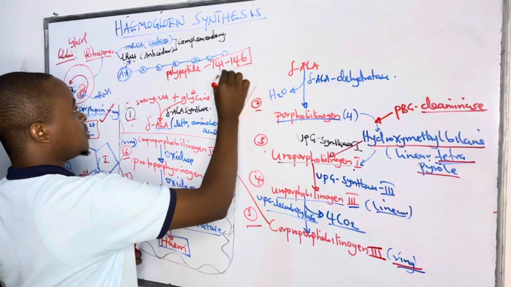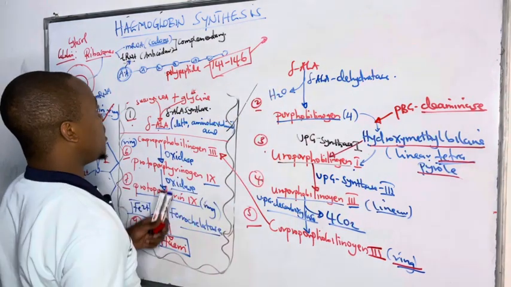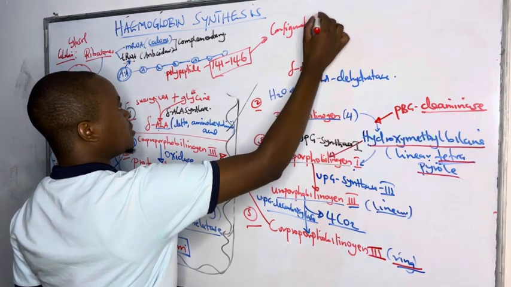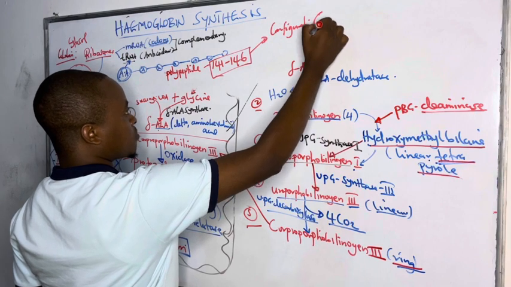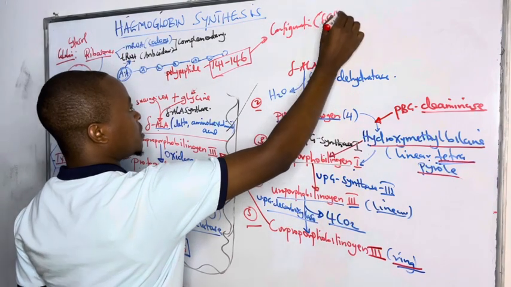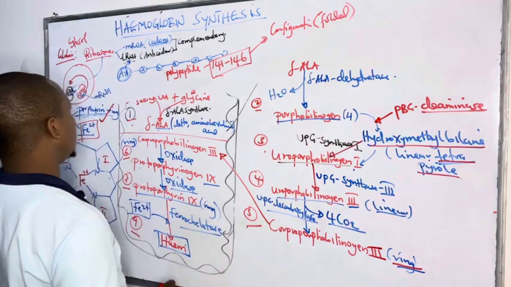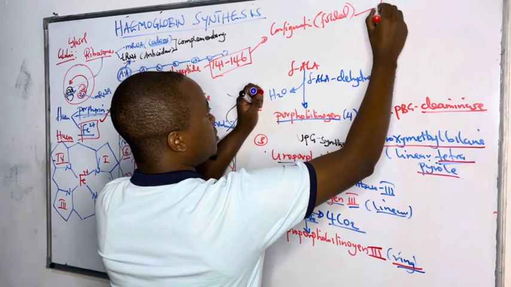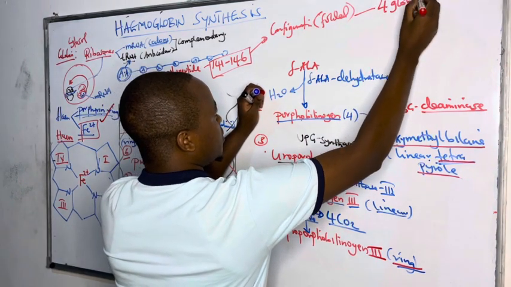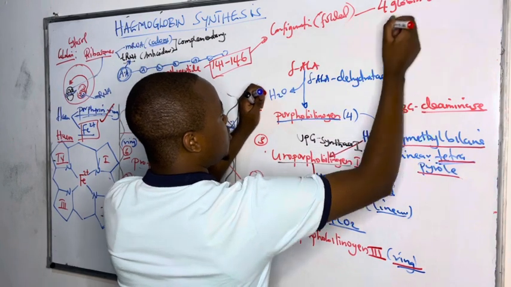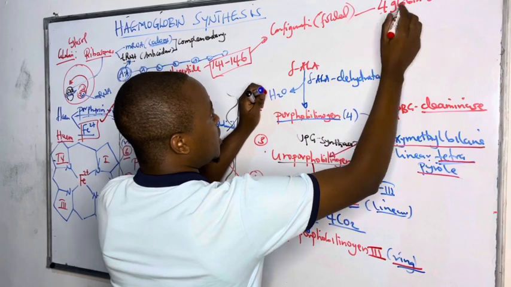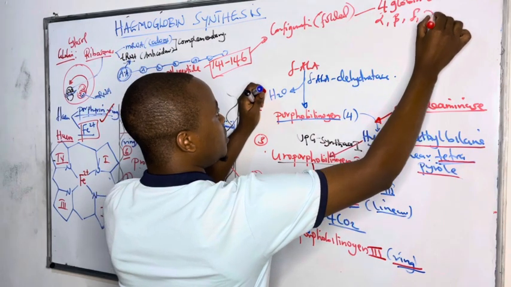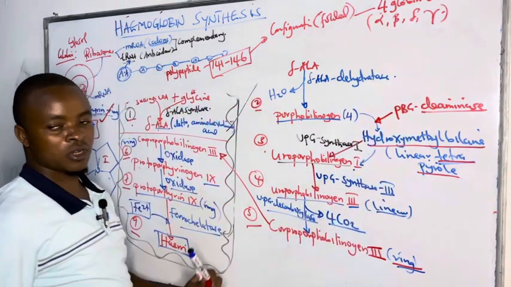After being formed, this polypeptide chain undergoes configuration. It is folded. It undergoes folding, and this is what results into 4 globin chains, whereby these 4 globin chains can either be alpha, beta, delta, or gamma, depending on the type of normal hemoglobin.